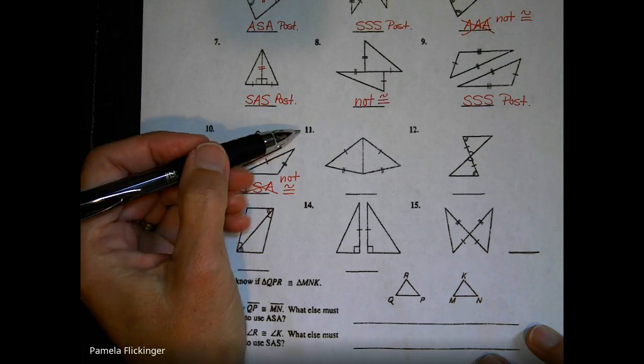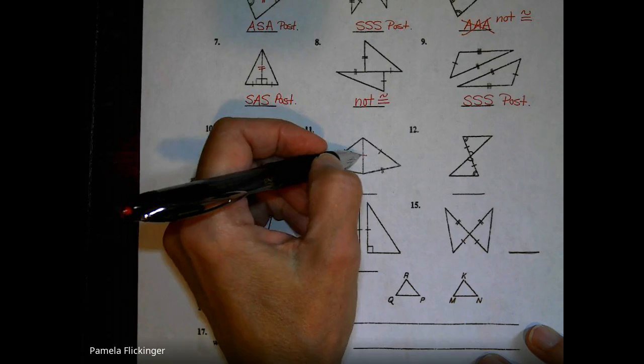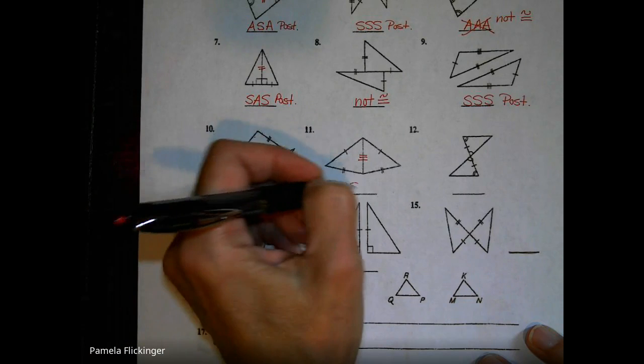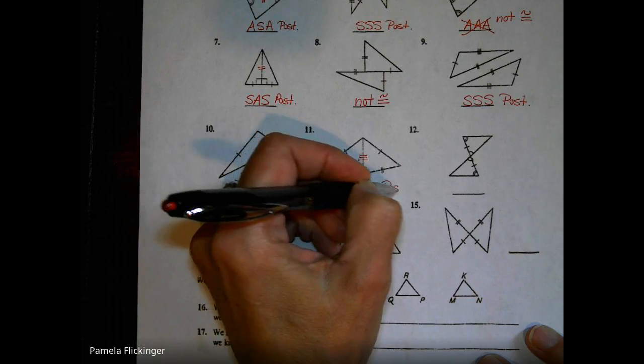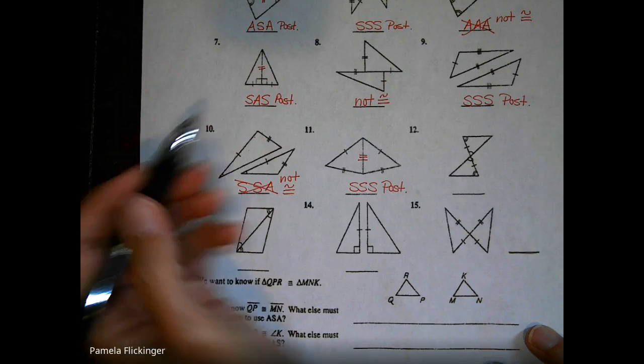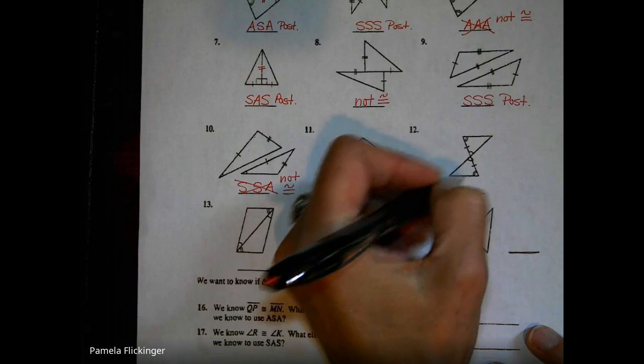Number 11, I only see 2 congruent parts, so they do share a side. All right, so I can mark it. So now I've got 3 sides, side, side, side is my reason. Number 12, they've got 2 angle marks, 2 angles over here.